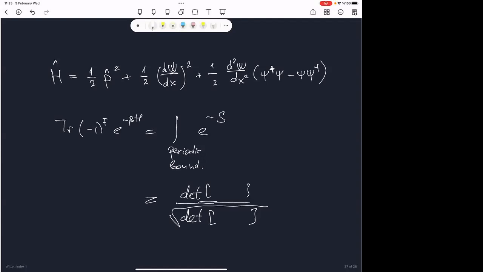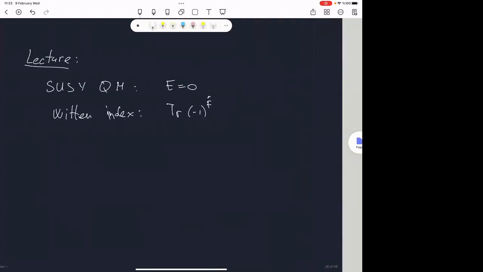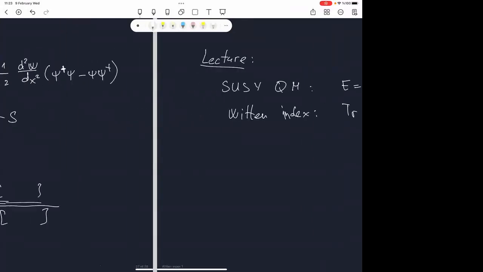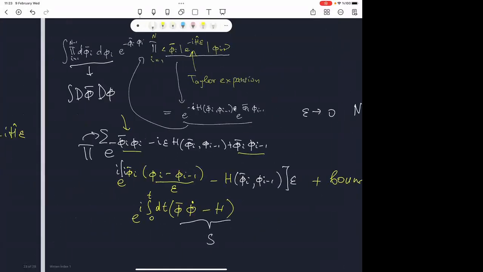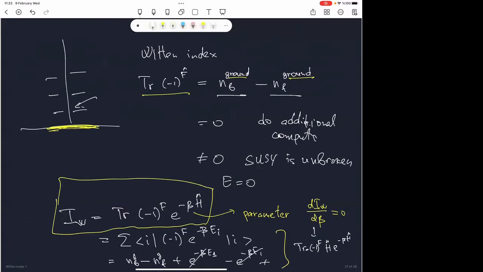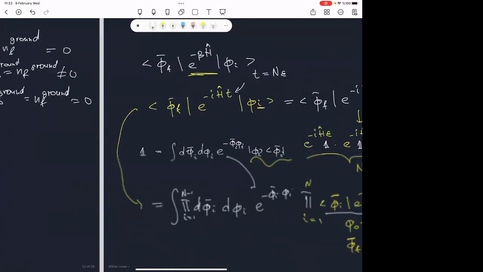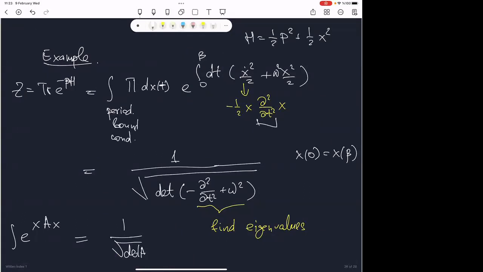Coming back to the harmonic oscillator, we discussed it a little bit. Let me write here. This is our harmonic oscillator.